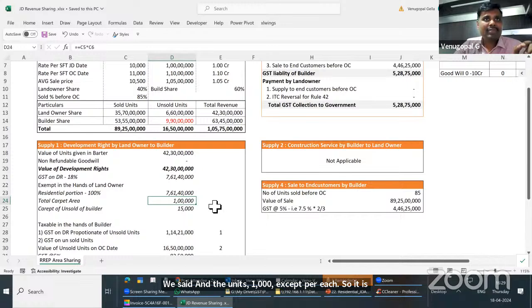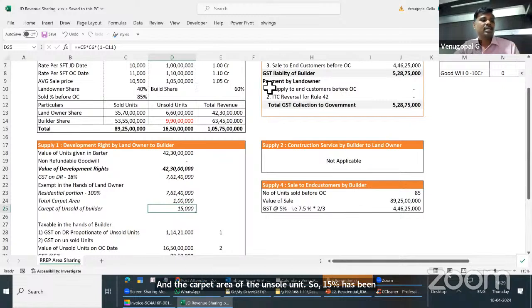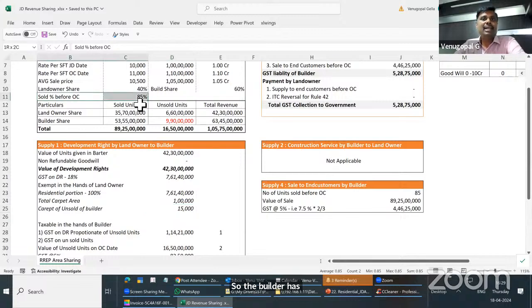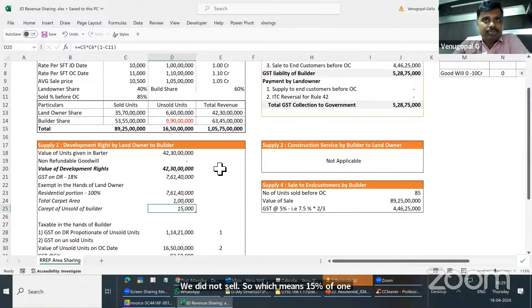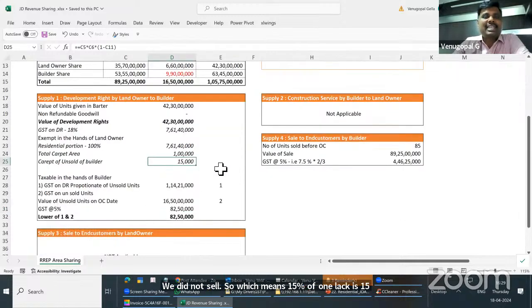And the carpet area of the unsold units. We have assumed here that the builder could only sell 85%, and 15% he did not sell. So 15% of 1 lakh, which is 15,000, is unsold. So there are two taxations here.